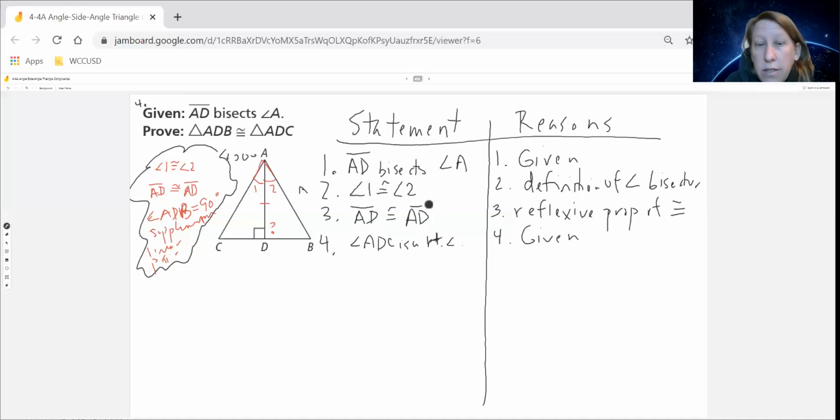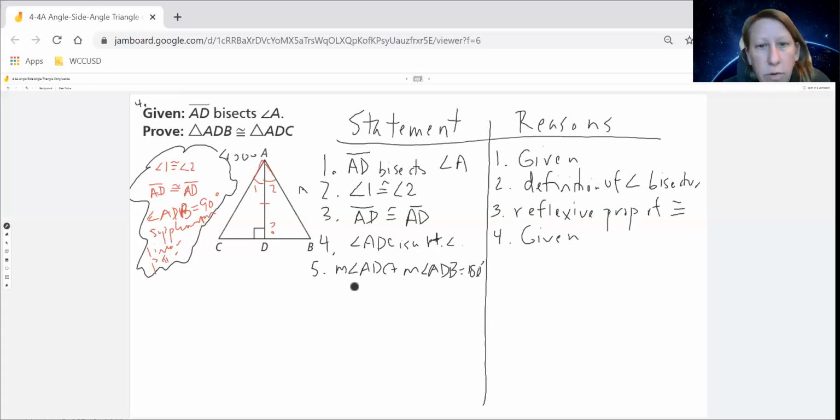There was a little box in the corner, so I know that that was given to me. All right, here's the little stretch for you guys today. I'm going to say the measure of angle ADC plus the measure of angle ADB is 180 degrees.